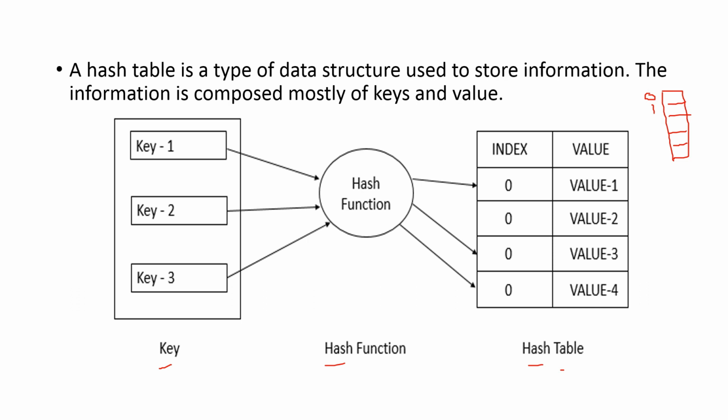Many hash function techniques are there: mid-square method, division method, folding method. These are some among the techniques. Using any hash function technique, the key value is stored in that particular index. The output of the hash function gives you the index, and in that index the key value is stored. Hope this much is clear.